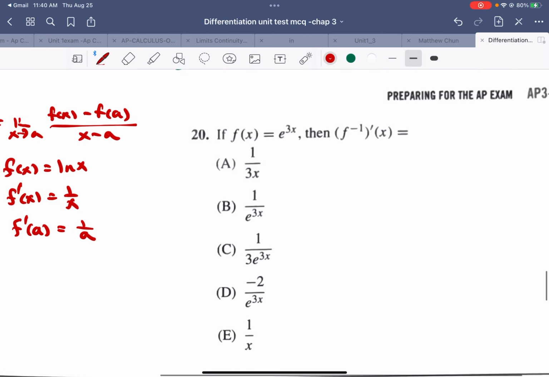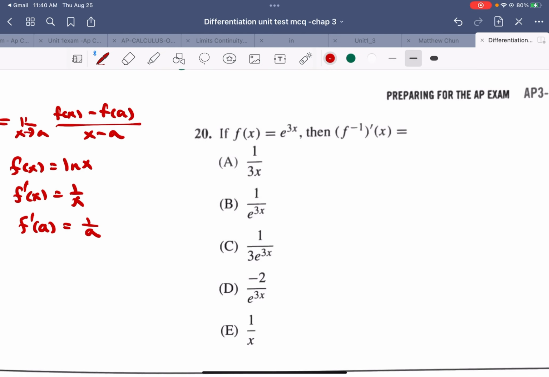Okay, last one here. This one is a derivative of an inverse also. I think the best way is to find the inverse first and then take the derivative from there. That'll be easier. So this one, y equals e to the 3x. To find the inverse, you switch x and y. x equals e to the 3y. Now, you can take a derivative as it is, or you can isolate y by taking ln of both sides.